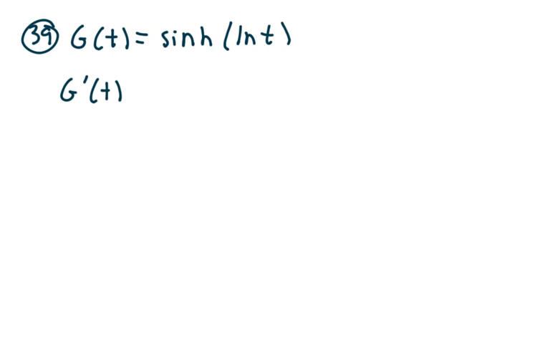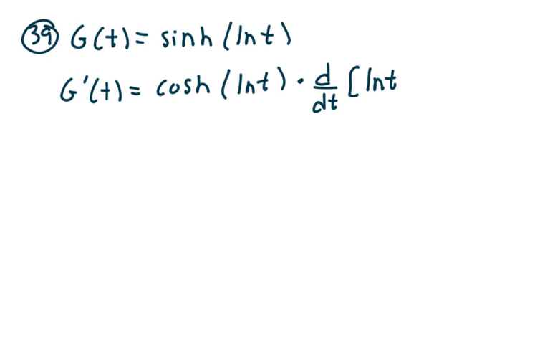39. Suppose g of t is equal to sinh of natural log of t, and I want g prime of t. So that's going to be cosh of natural log of t, times the derivative of natural log of t with respect to t.